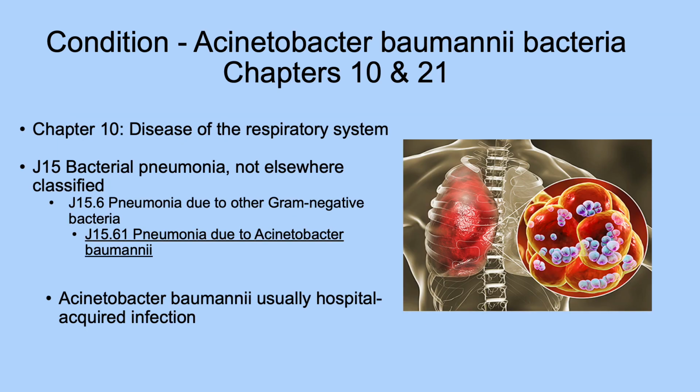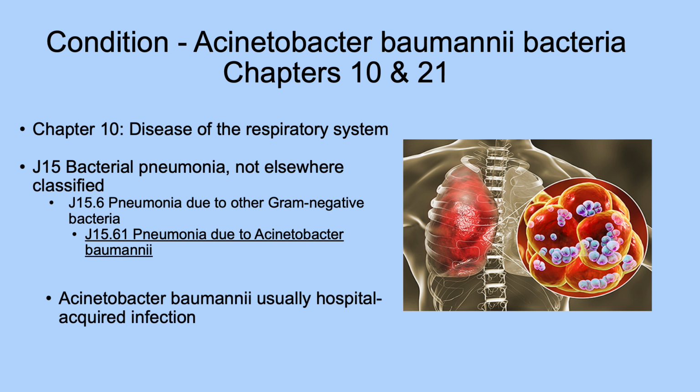Okay, this condition, Acinetobacter baumannii, bacteria, is mentioned both in chapters 10 and chapter 21 in the 2024 version. So in chapter 10, it's pneumonia due to this bacteria, J15.61. So this is new.